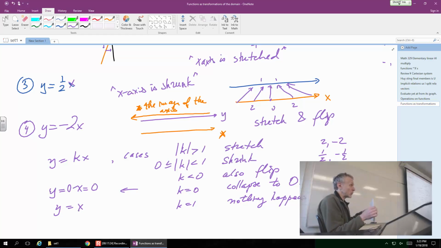Sure. There's one more which you can never see with a line. Another operation. Well, you can rotate. Yeah, that is a big deal. You can actually rotate the plane as well. Okay, so they all have to be described appropriately with formulas.